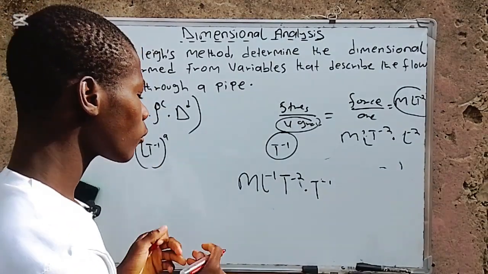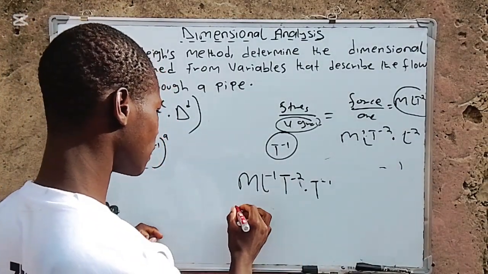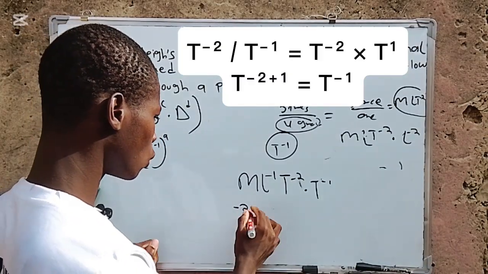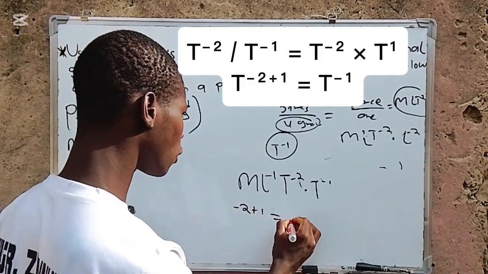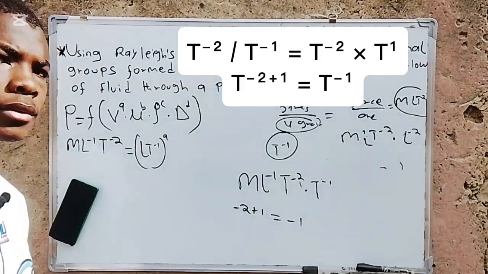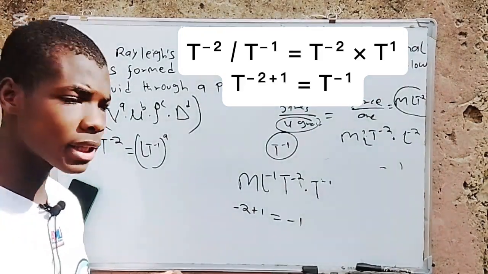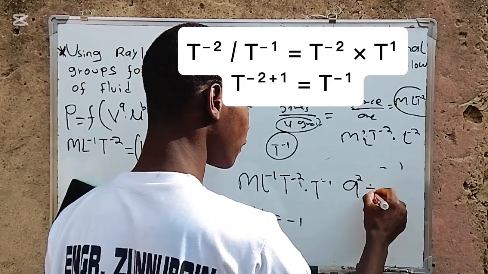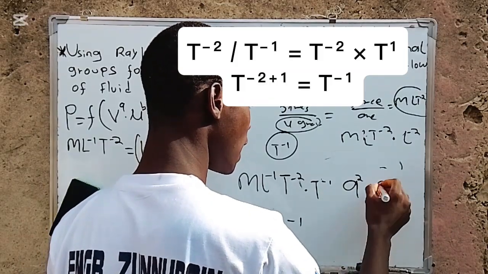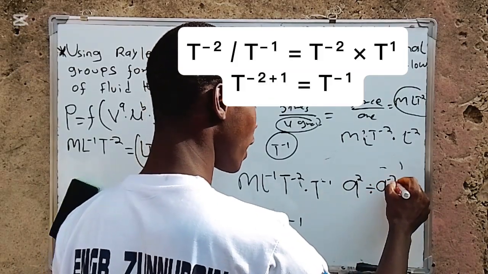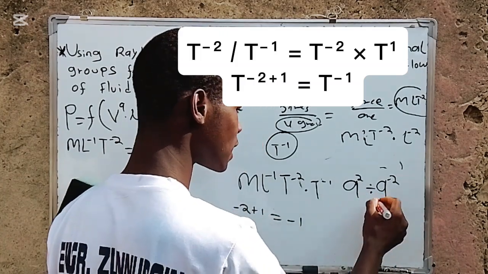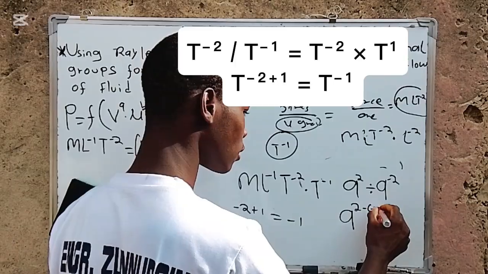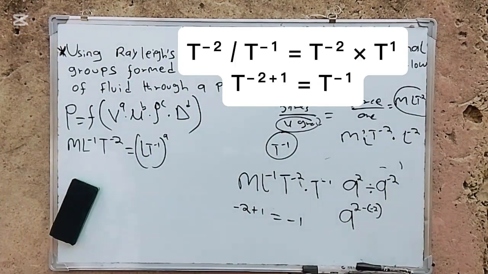So now if I say that minus 2 plus 1, it will be equal to minus 1. Because in the laws of indices, a to the power 2 divided by a to the power minus 2 is the same thing as saying a to the power of 2 minus minus 2.